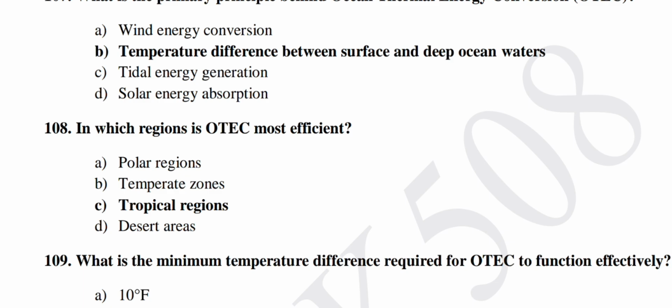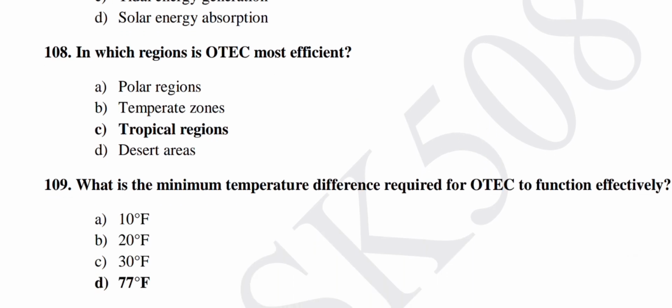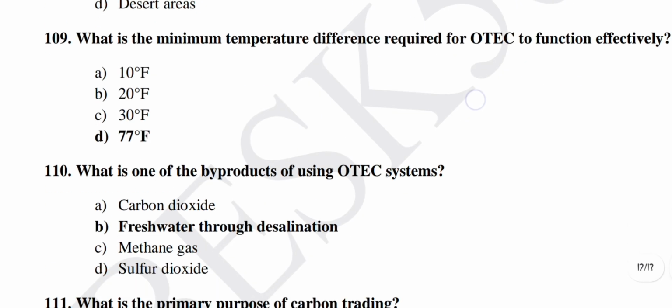Tropical region, Option C. 109. What is the minimum temperature difference required for OTEC to function effectively? 77 Fahrenheit. 110. What is one of the byproducts of using an OTEC system? Fresh water through desalination.